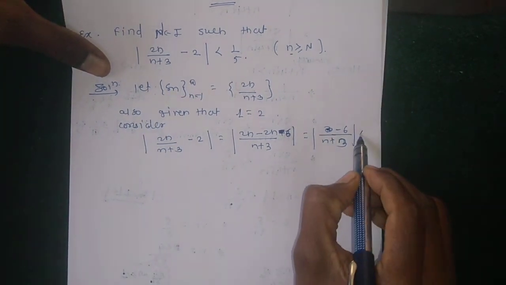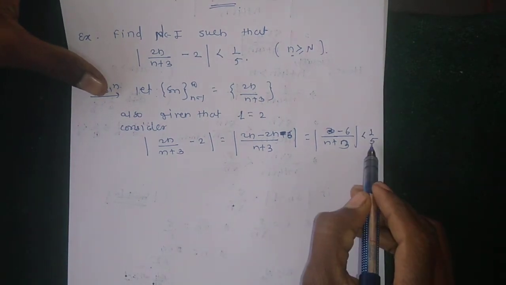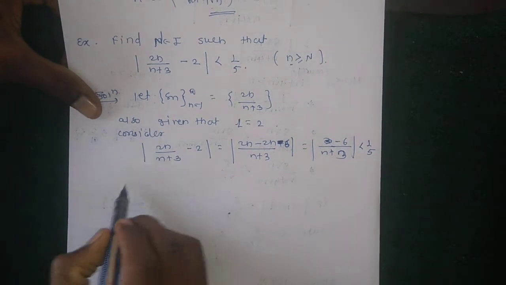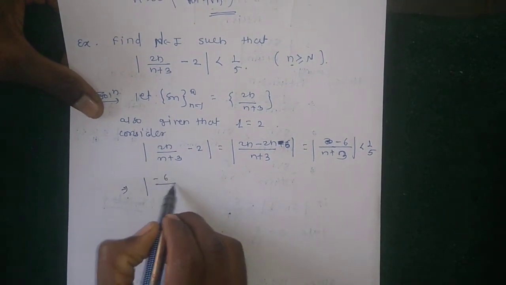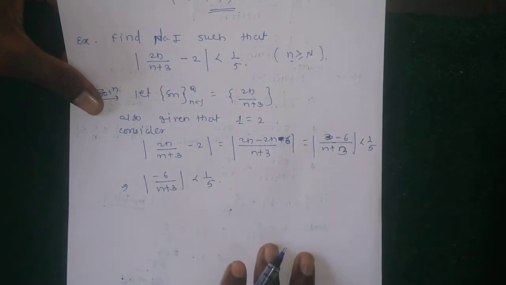And this value is less than 1 by 5, where 1 by 5 is epsilon. Which implies that mod of minus 6 divided by n plus 3 is less than 1 by 5.